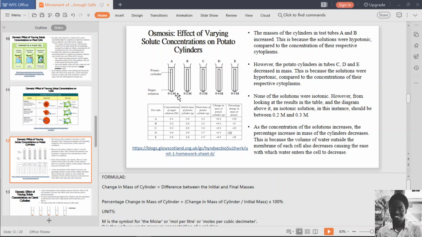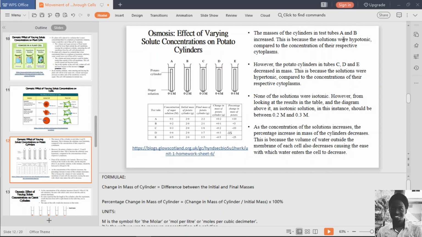So the masses of the cylinders in test tubes A and B increased. If you notice, the change in mass for A and B had a positive sign in front of each of them, that means that there was an increase in mass, and a percentage increase in mass.